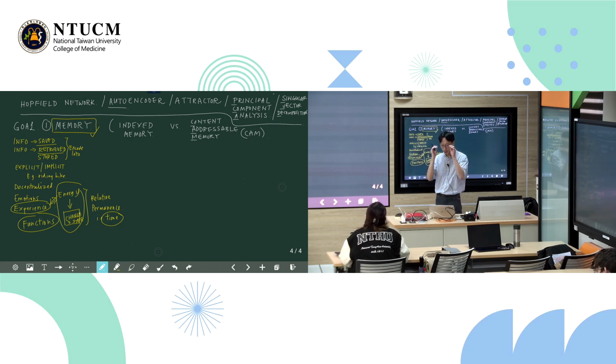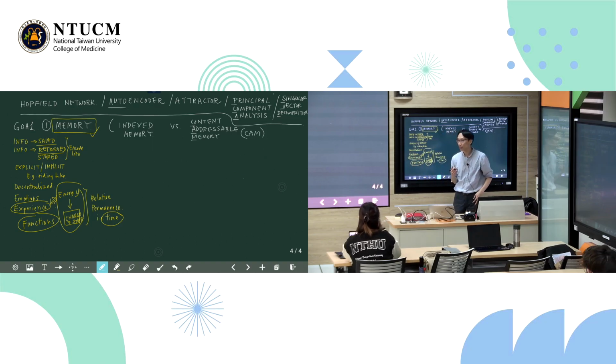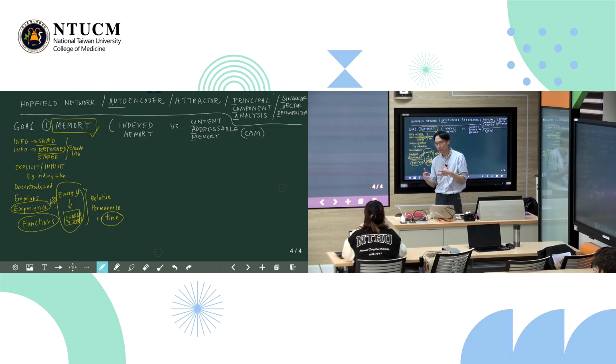So specifically, Hopfield was trying to mimic the fact that when we talk about experience memory, we seem to feel like, or we all agree, have a consensus that our memory seems to have more of a content addressable kind of form or operation. We'll unpack that a little bit more later, as opposed to an alternative form of memory. Again, we will unpack that more later, but we call it index memory.